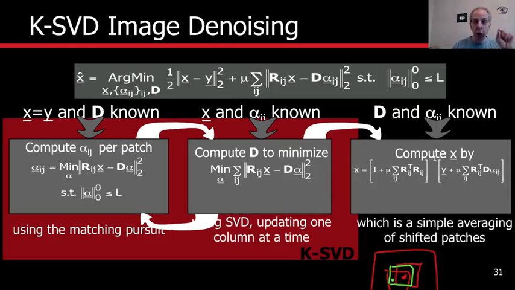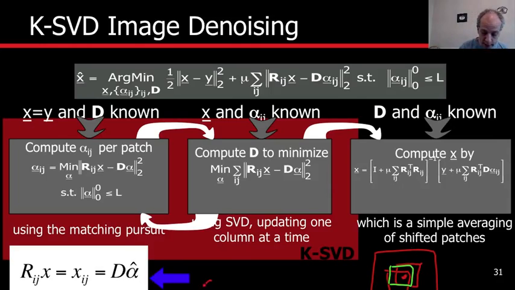For every one of those patches, we have sparse coding with the dictionary that we have learned from all the patches in the image. So for every single one of these patches, we can reconstruct it as D alpha, with the optimal alpha that we have computed for every single patch ij. Every single one has been reconstructed. How do we reconstruct the pixel?